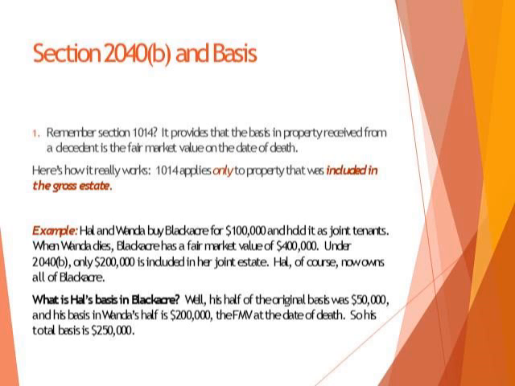So Hal, of course, owns all of it now because Wanda, his wife, who was his joint tenant, died. So now our question is, what is Hal's basis, in case he wants to sell this later? Well, his half of the original basis was $50,000. And now his basis in Wanda's half is $200,000. So his total basis is $250,000.